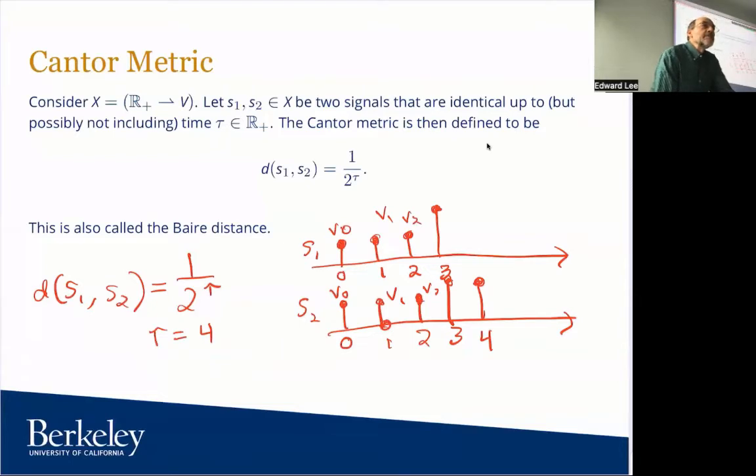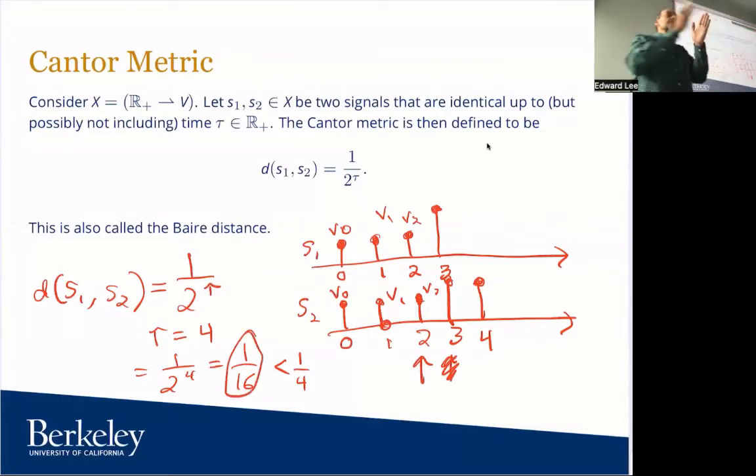That's the earliest time at which these two signals differ, which means that the distance between them is 1 over 2 to the 4th, which is 1/16, right? Which is significantly less than 1/4, which is what we got before when they differed at time 3. No, at time 2, sorry. So when two signals are more similar for longer, the distance between them decreases. The earlier they differ, the bigger the distance between them.